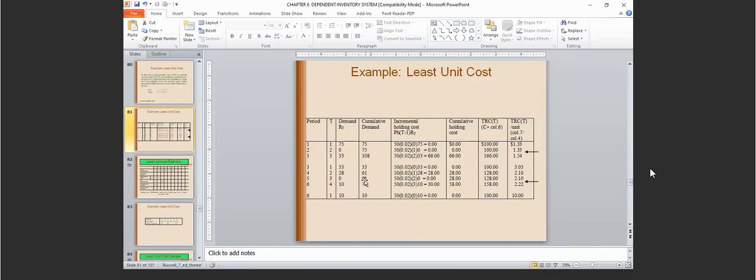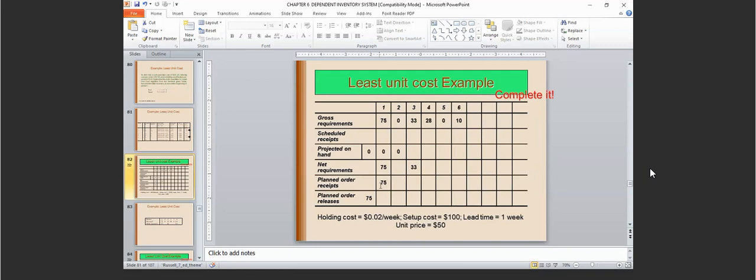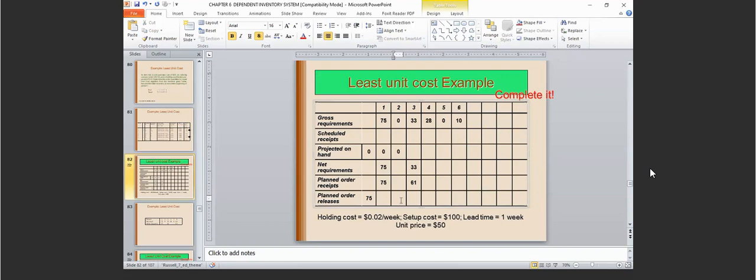We have 28 at the end of period 3, and at the end of period 4 we have 0, and period 5 will also be 0.